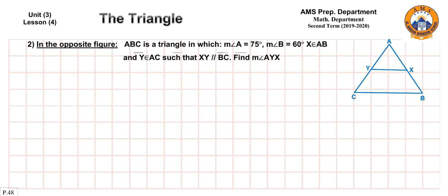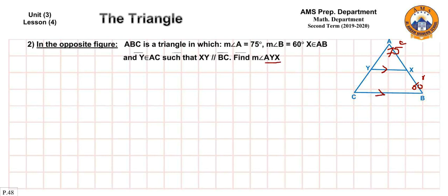Exercise number 2. He asks you, in this opposite figure, ABC is a triangle in which the measure of angle A is 75 and the measure of angle B is 60 degrees, and X belongs to AB, Y belongs to AC, and XY is parallel to BC.